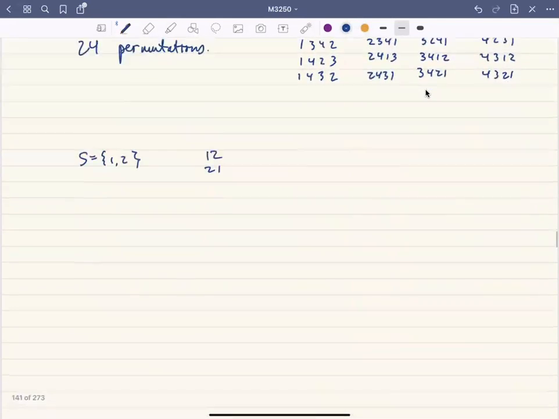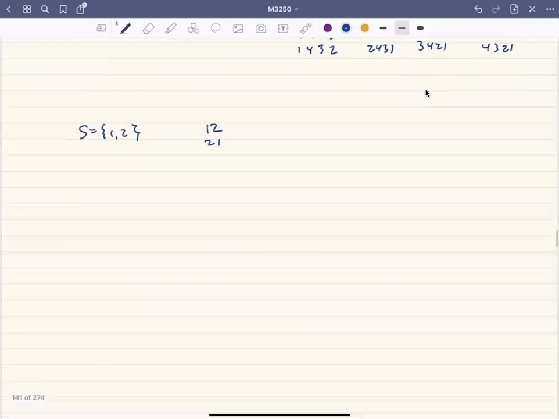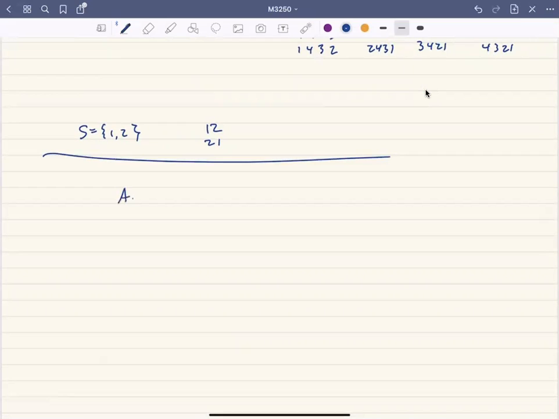So let's jump down to some scrap paper here. Let's say that we had 3 people, Adam, Bonnie, and Carol.